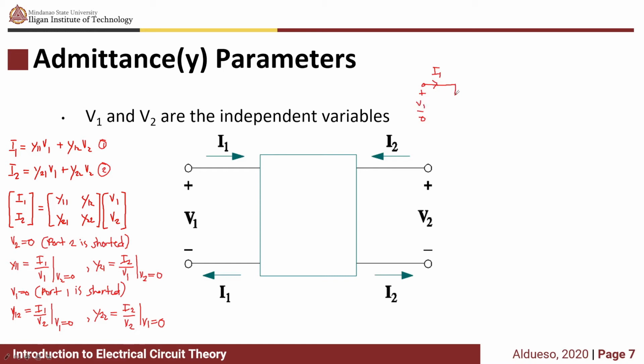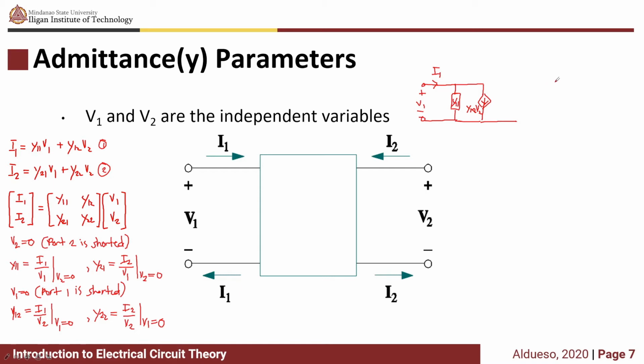I1 is equivalent to y11 v1. So this is y11, the current at this branch, and we have a parallel dependent current source with a value of y12 v2.